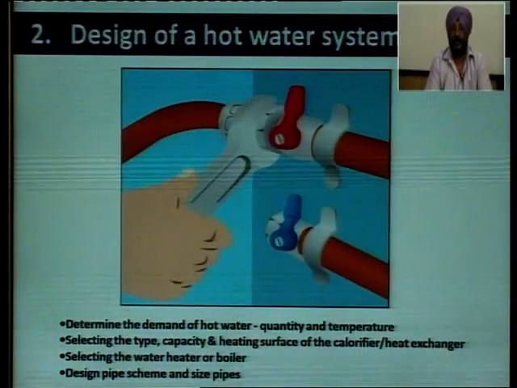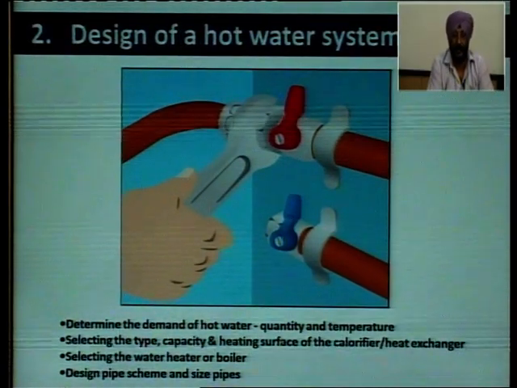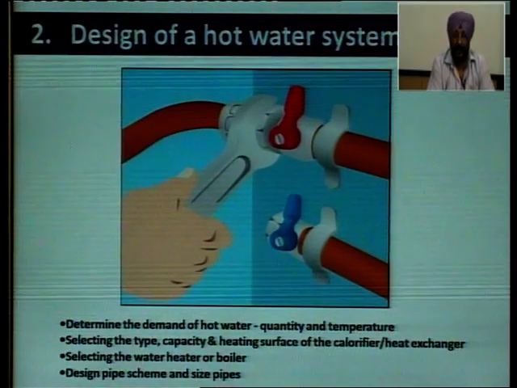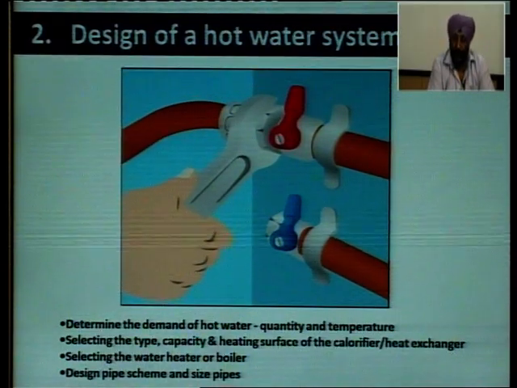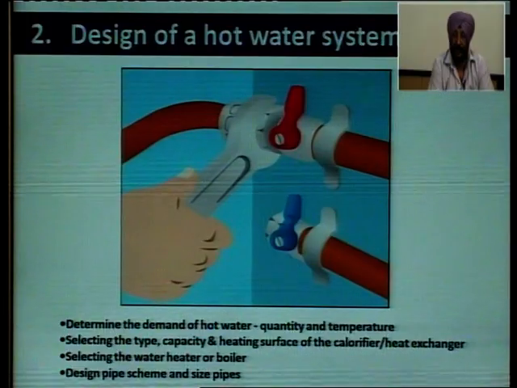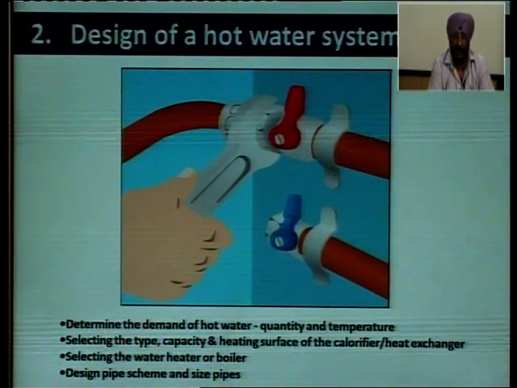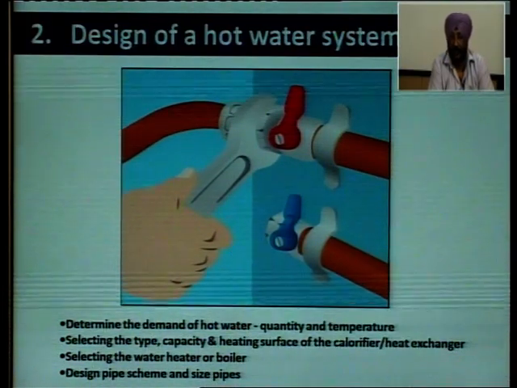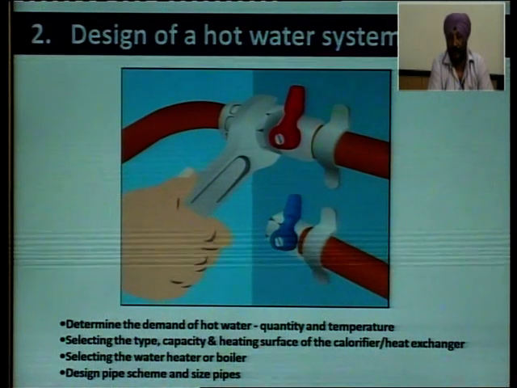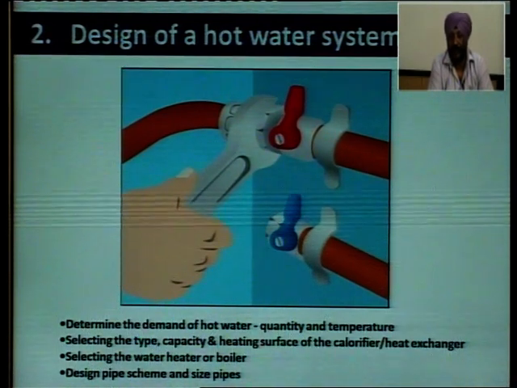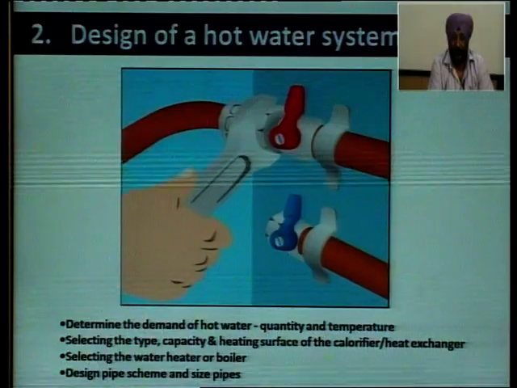So, let us come down to sub part 2, design of a hot water system, maybe for residential or for non-residential. What does it comprise? You have to determine the demand of the hot water, what is the quantity in terms of liters, and what is the temperature at which water is required. So, this is very important.